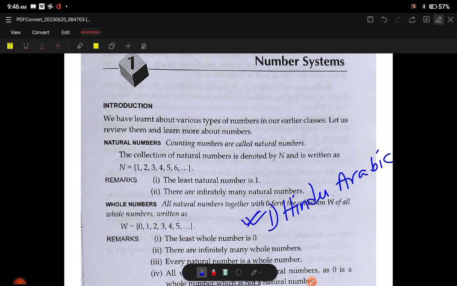Okay, fine. If we see the Hindu Arabic number system, then our whole number is divided into different types of number series. First, the ancient people tried to find out a way so that they can calculate very easily.